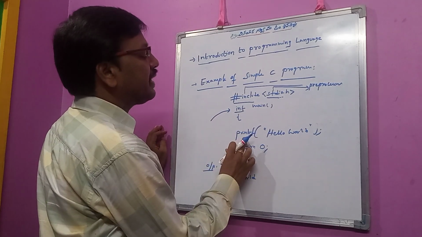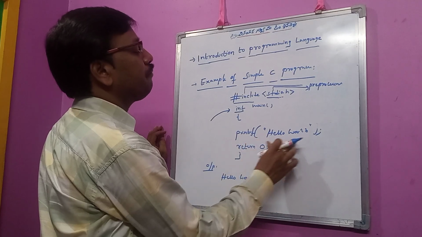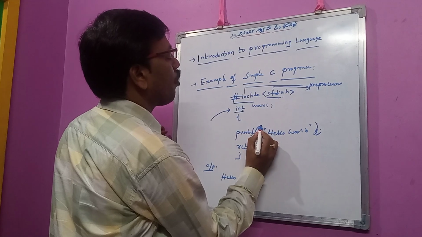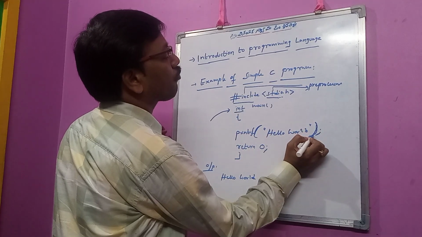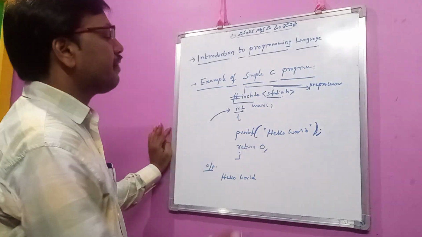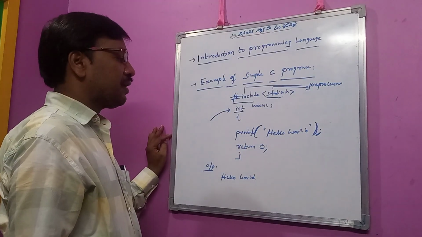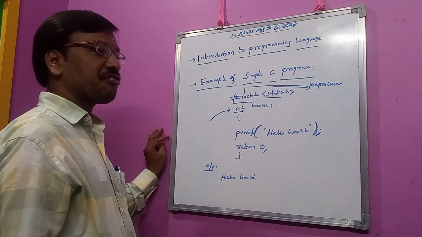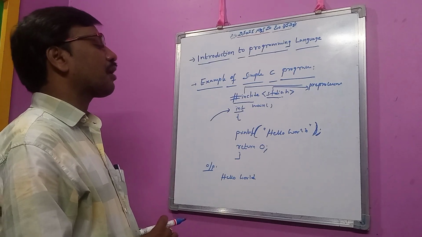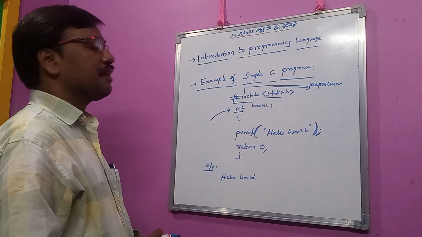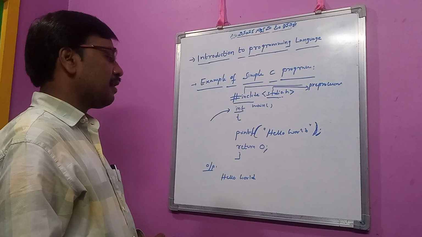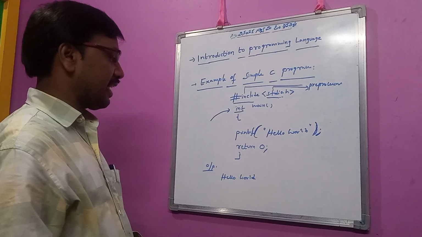Here you can see printf with hello world within quotation, the open parenthesis and the close parenthesis, and the semicolon is compulsory. printf is a library function. It prints some information, that is, it prints the output on the screen.